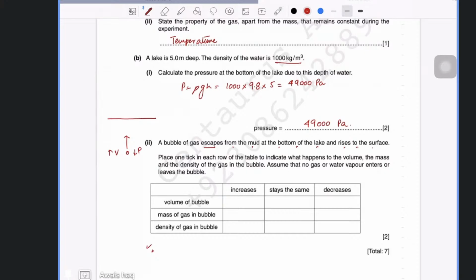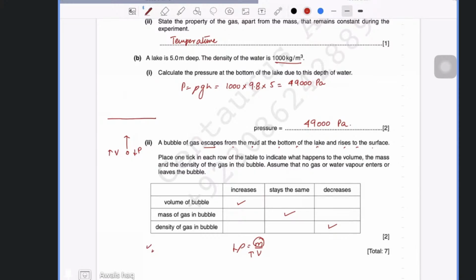Which basically means that the volume would increase, the mass would stay the same because mass doesn't change, and then the density of the bubble would decrease as well. The reason why density will decrease is because density is mass over volume. If the mass is the same and volume is increasing, the density should decrease. Got it? Okay, very nice. Anyone who could not understand this, please let me know.